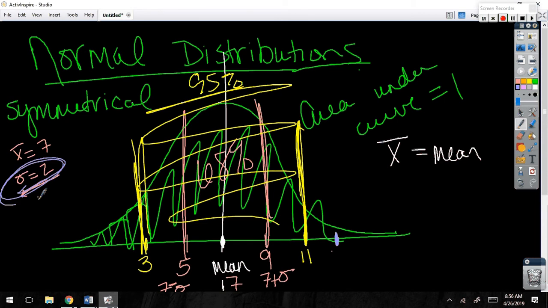So 2, 4, 6. Between the 2 purple lines is 99.7%. And as someone said, that leaves 0.3%, right?